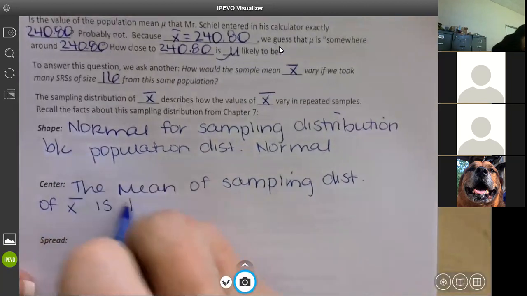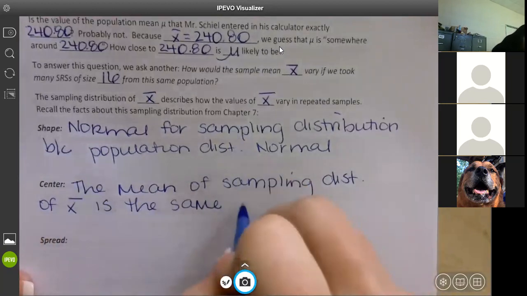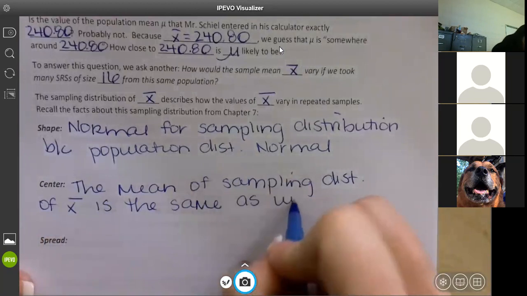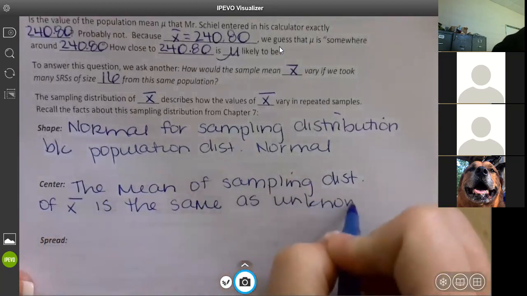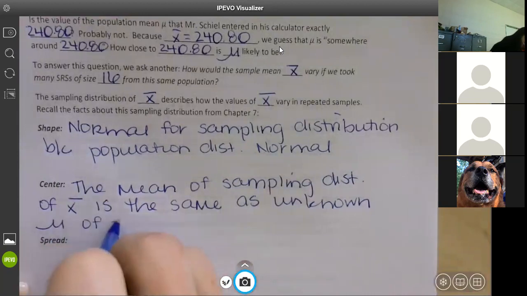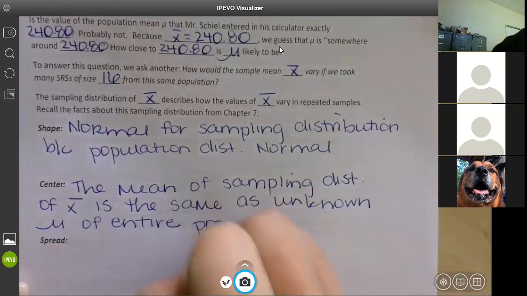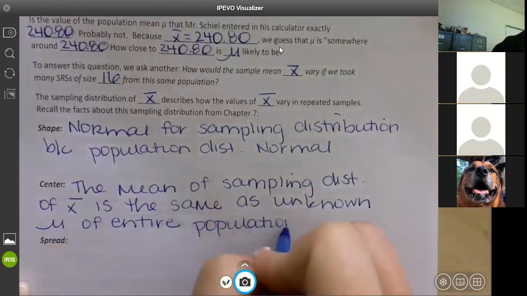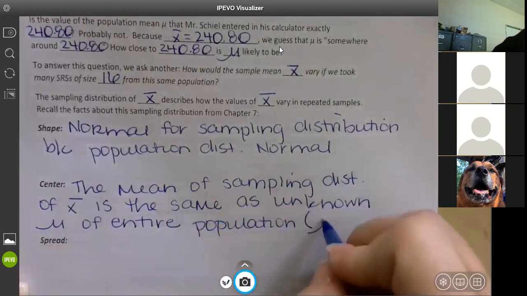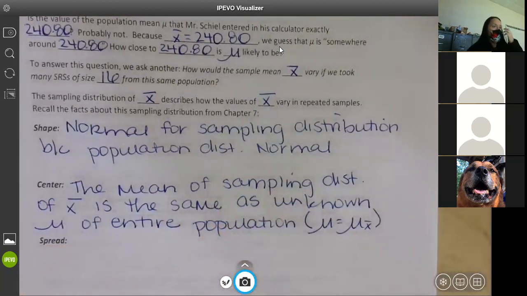So it is the same as our unknown mean of the entire population. And again, that's what I just told you that we did last week. So this is all exactly what you did last week. There's nothing new.